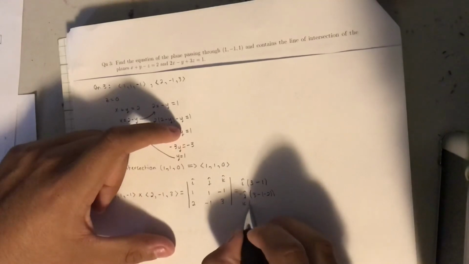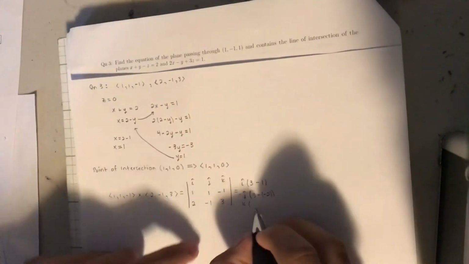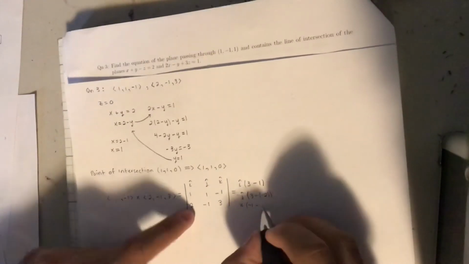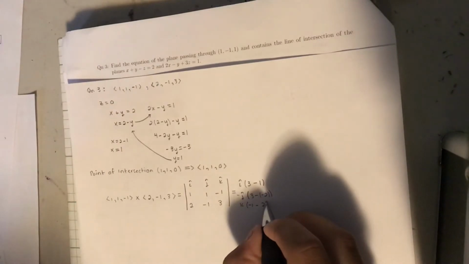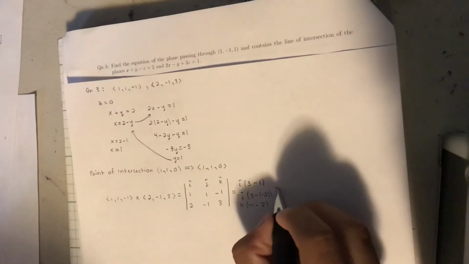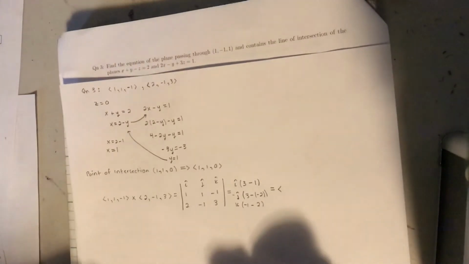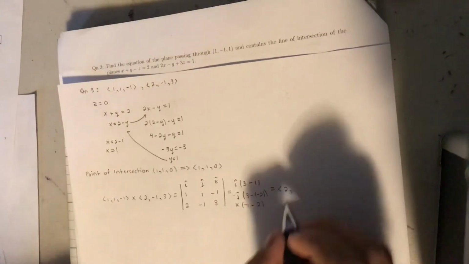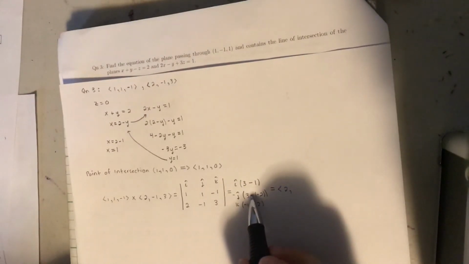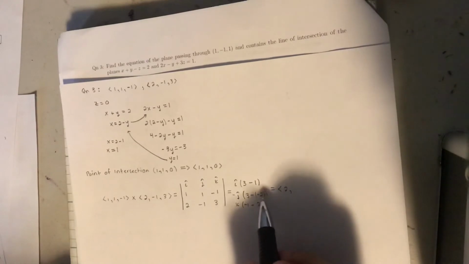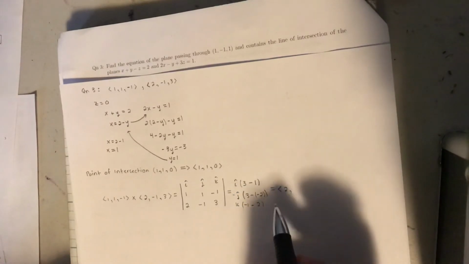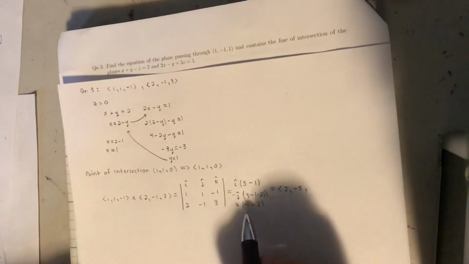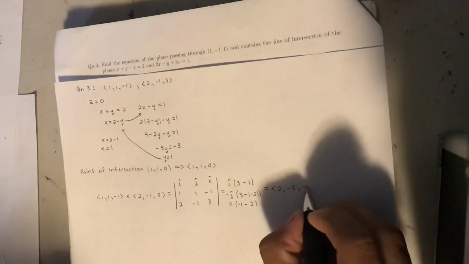And then for k, 1 times -1 is -1, minus 1 times 2, which is 2, so -3. The vector is (2, -5, -3).